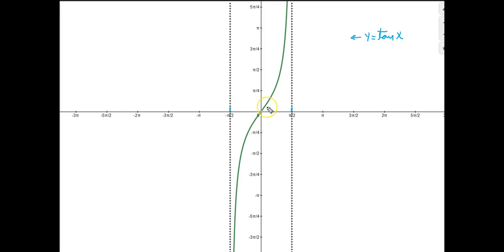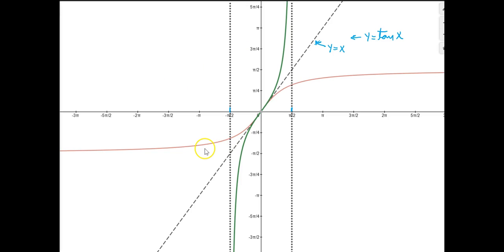Now we have to flip that about the main diagonal. So when we flip the green curve about this main diagonal, the dotted black line, here's what we get. That's the graph of our arctangent function. Now notice something else very important here.